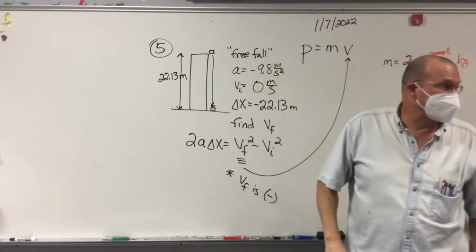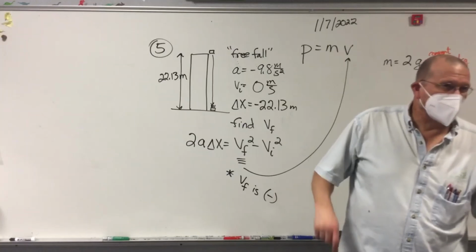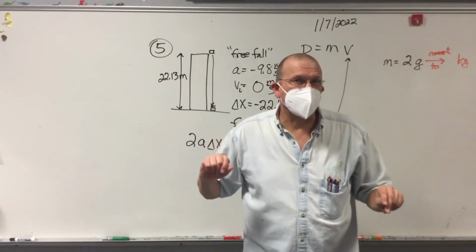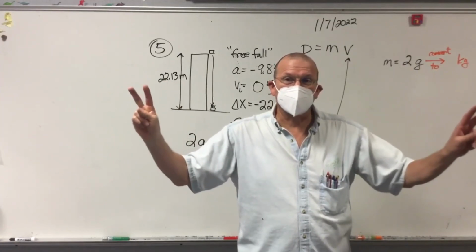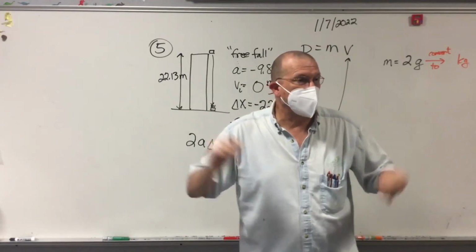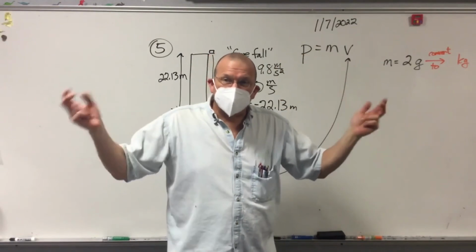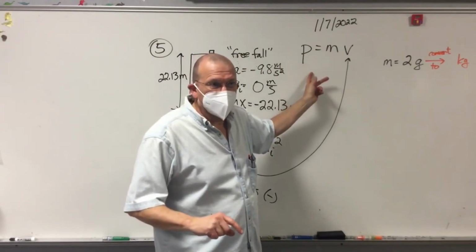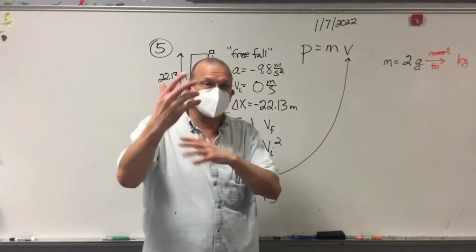Because the idea is somebody's throwing a baseball but they claim that they can throw it with the equal amount of momentum that a bullet has. So you need to remember that technically the two different objects both will use P equals M times V, but they're supposed to have the same P value connecting them.